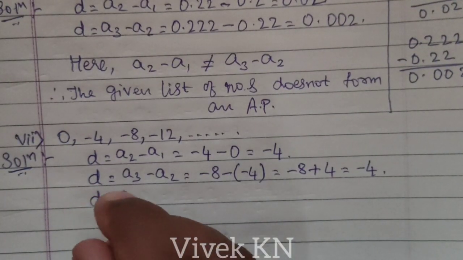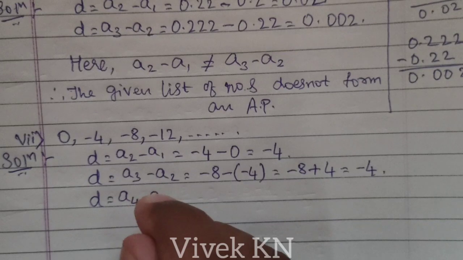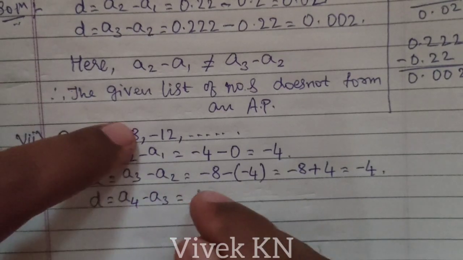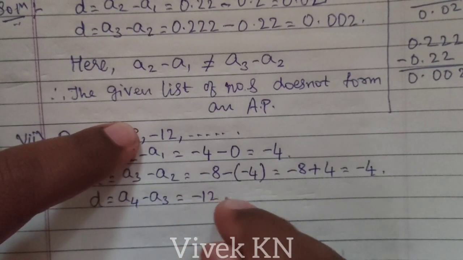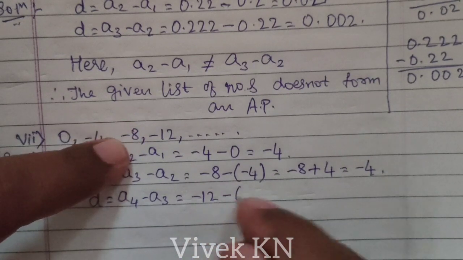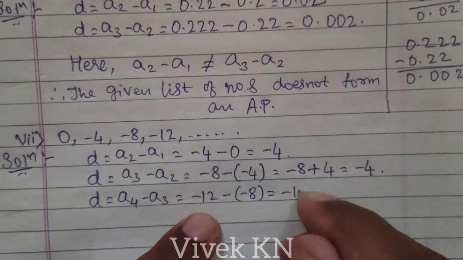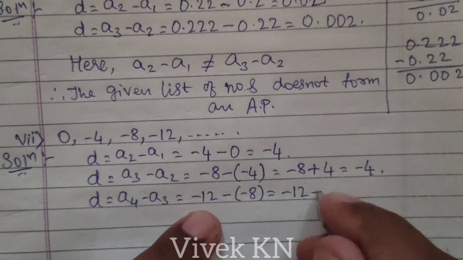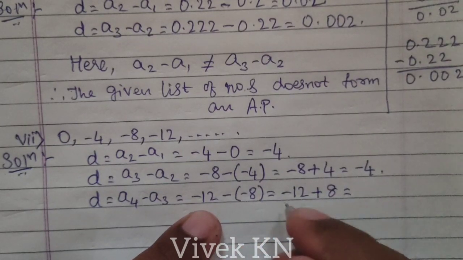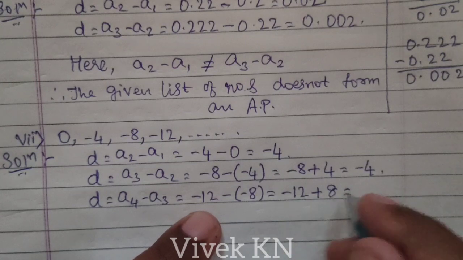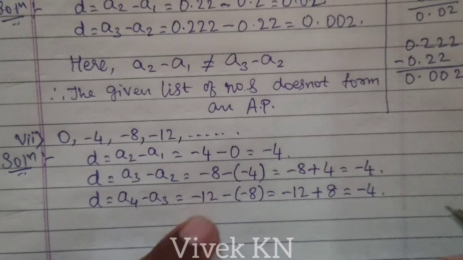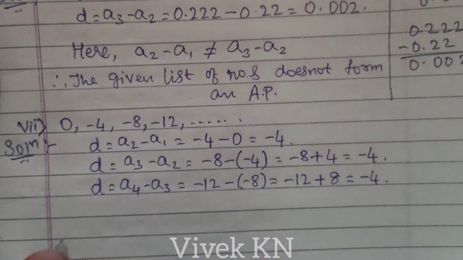Next d is equal to a4 minus a3, here the fourth term is minus 12 minus third term is minus 8, which is equal to minus 12 plus 8. Subtracting these two terms we get minus 4 as the common difference.